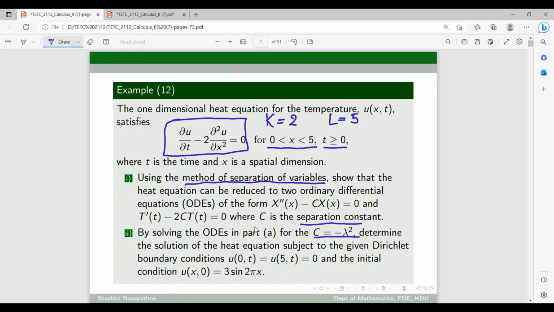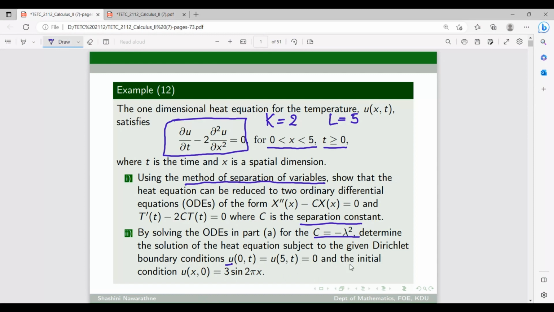So just look at this one. Boundary condition means the temperature at the two boundary values at any time. Here the first boundary is x equals 0 and the second boundary is x equals 5. As I mentioned earlier, these two boundary conditions are always 0. So it is provided as the boundary condition u(0,t) = u(5,t) = 0.